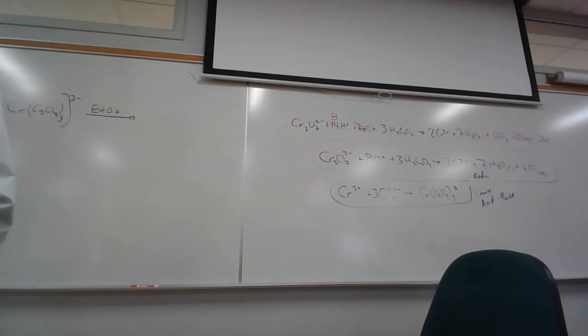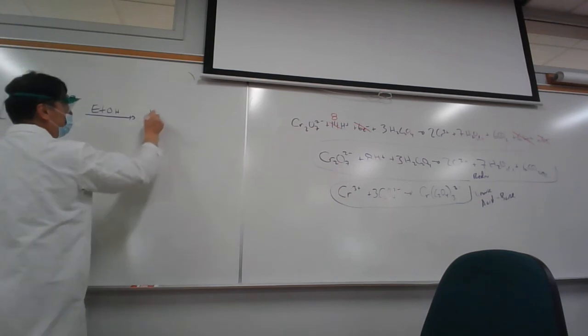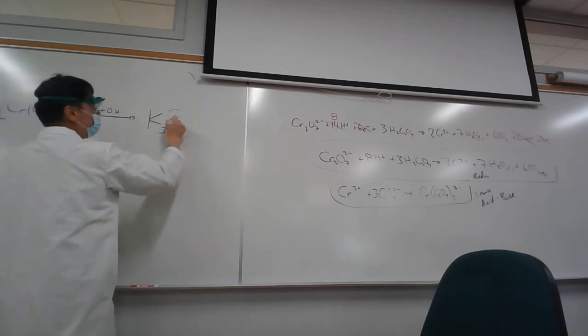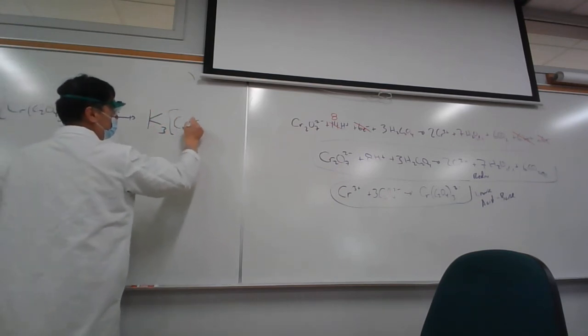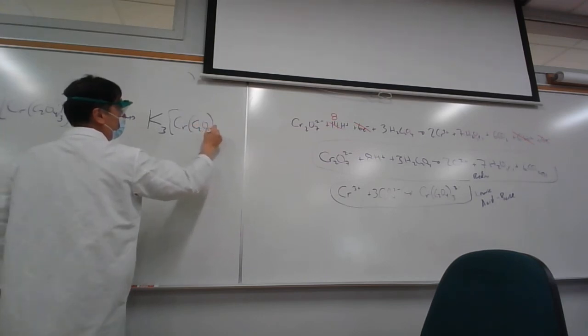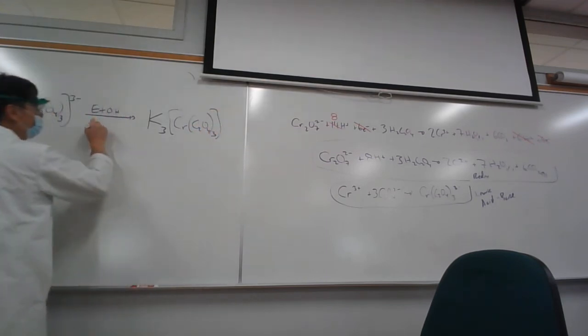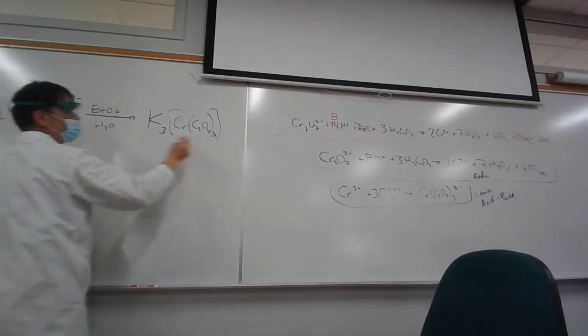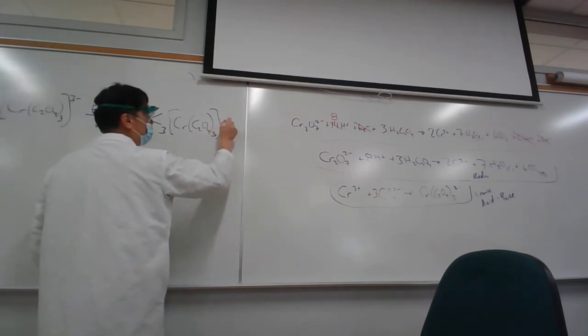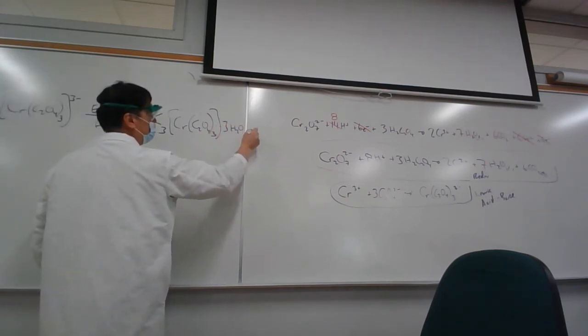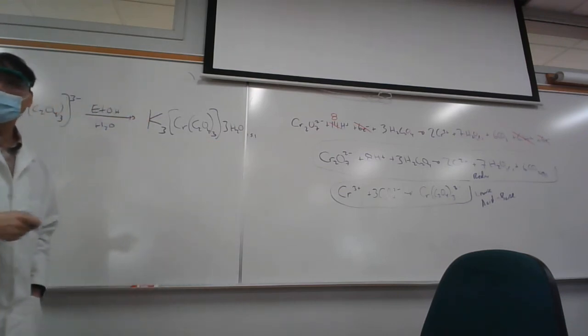That's it. The more ethanol, the more this should precipitate. And it's going to precipitate to form this. Now, a little bit of water will get in. The water is from the solvent, and so this will form a trihydrate, solid. And so this is our precipitate.